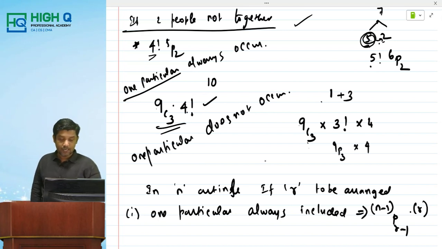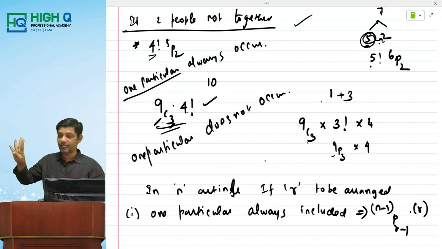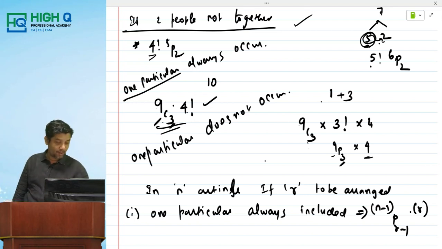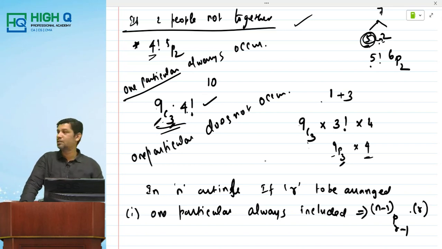Look at this. Out of 10, one particular to be arranged means 10 becomes 9. So n becomes n minus 1. Instead of R, that is 4, we have 3. So R minus 1 into R. That is the formula actually. Either use formula or use this, whichever is convenient.